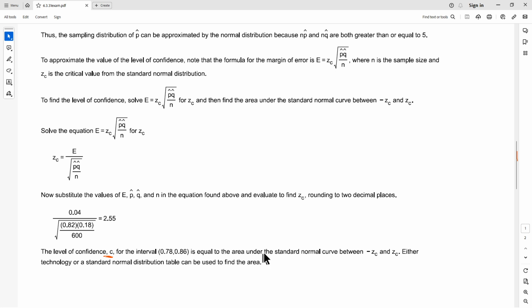You want to understand the area under the normal curve between negative c sub z and positive c sub z. So we can use technology or a normal distribution to find that area.